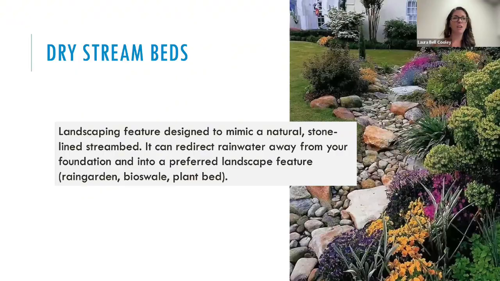That's mimicking a natural, stone-lined stream bed to redirect rainwater. It can be redirecting it away from your landscape or just through your landscape into other vegetated beds, whether that's a rain garden or just a tree or something like that. But it can be a relatively low maintenance way to reroute some of that.